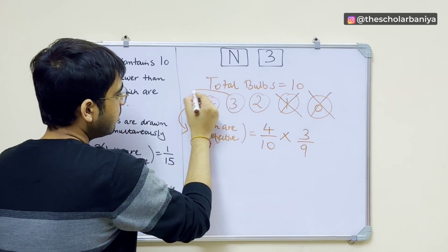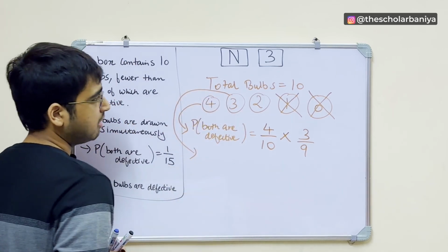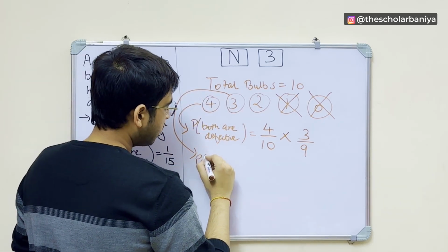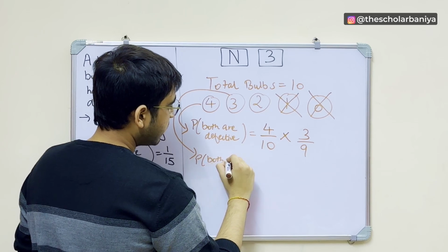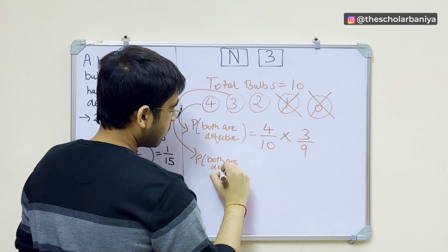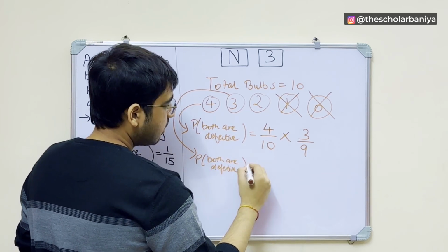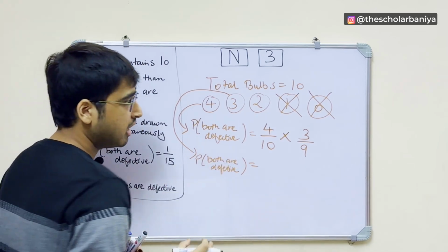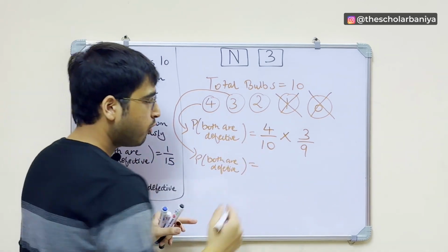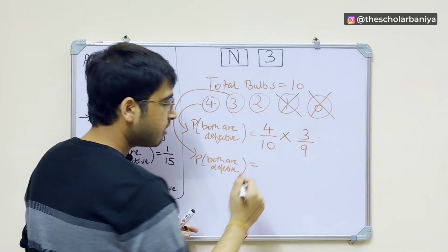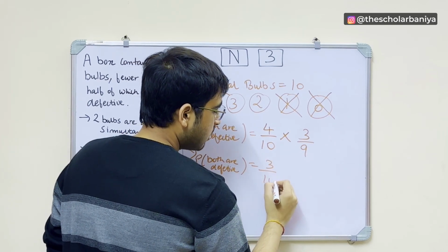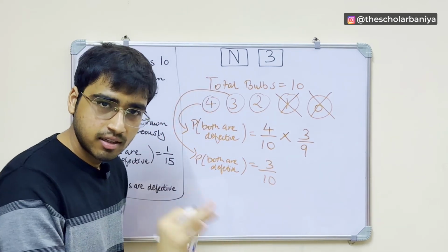Now tell me, when there are 3 defective bulbs, what will be the probability? When there are 3 defective bulbs, we draw one bulb. What will be the probability that the first is defective? It will be 3 upon 10, because total bulbs are 10 and 3 are defective.